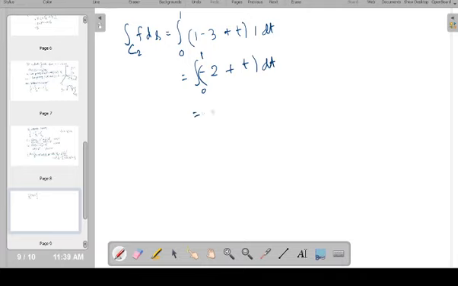So this is equal to minus 2t plus t square by 2 between 0 to 1. So this is equal to minus 2 plus 1 by 2. So what is this? It is minus 3 by 2.